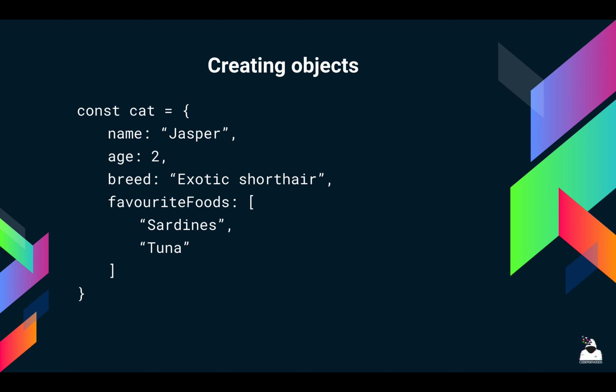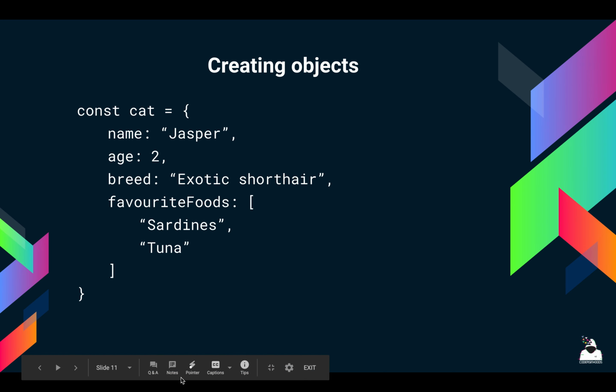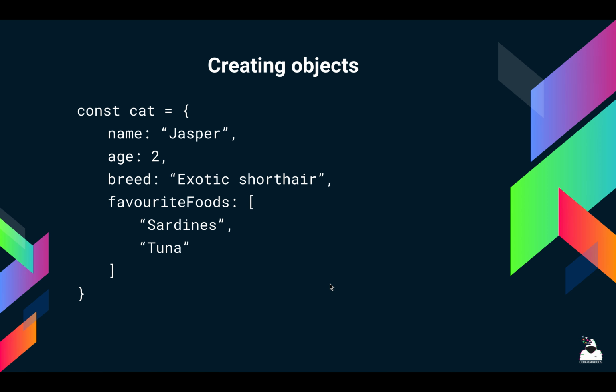So here we're creating an object. This is actually, as far as objects go, a reasonably complicated one, and it's because of this favorite foods property, but we'll get to that in a bit. So we've got our curly brackets denoting the start and the end of this object. Everything's comma separated, so again it's kind of like a list of values.